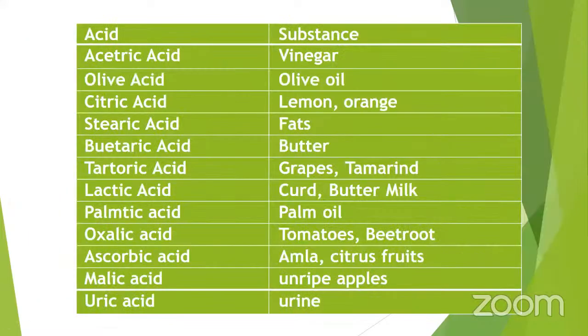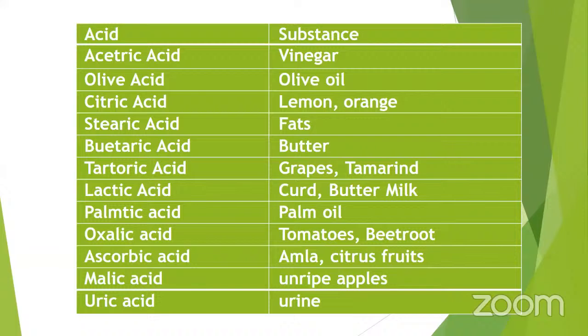Next, see some of the natural acids which we can see at home every day. Acetic acid is found in vinegar. Vinegar is used in the kitchen to preserve food and to prepare so many dishes.